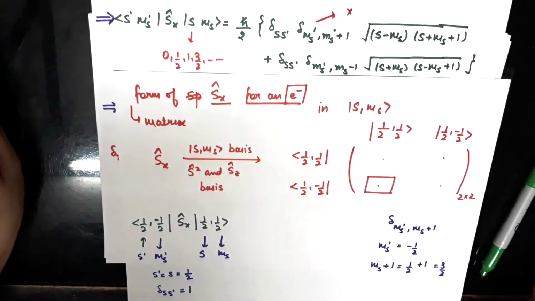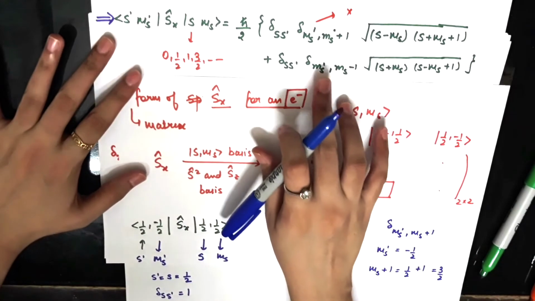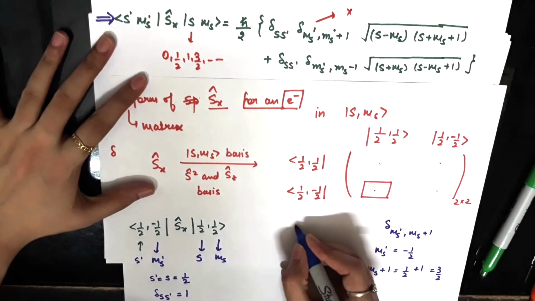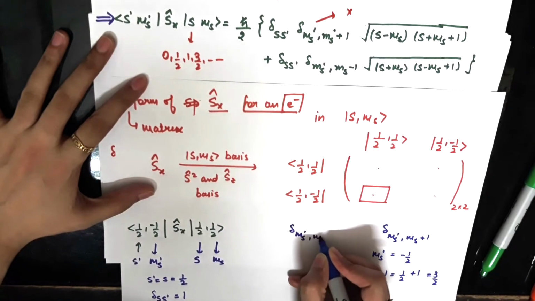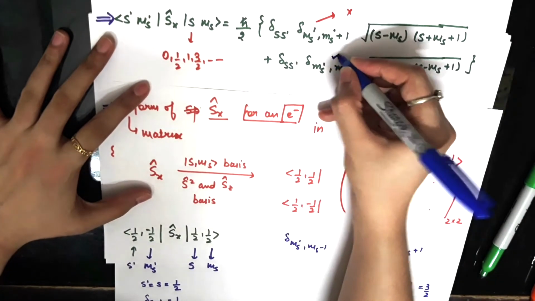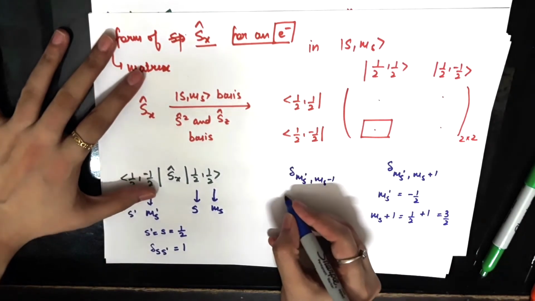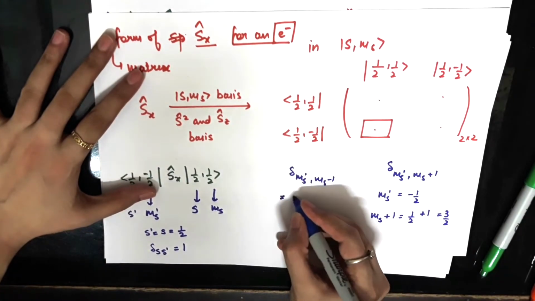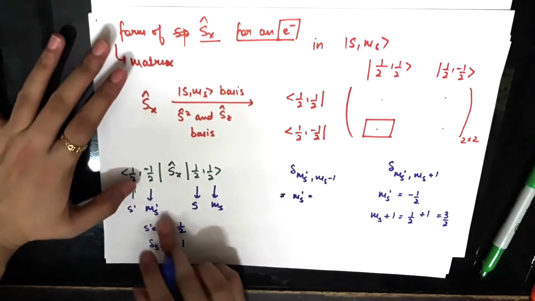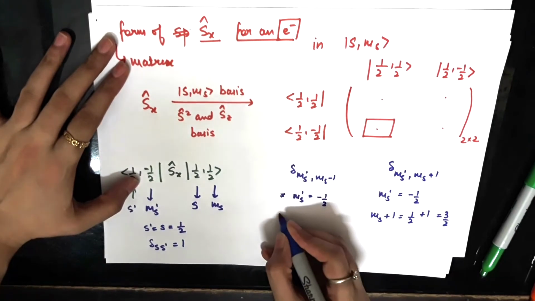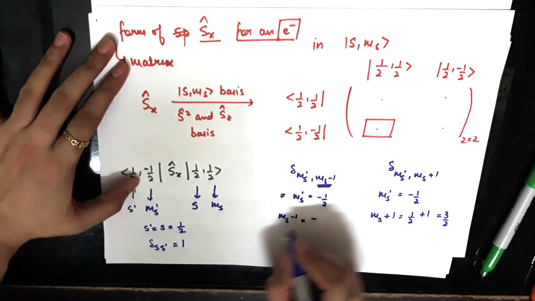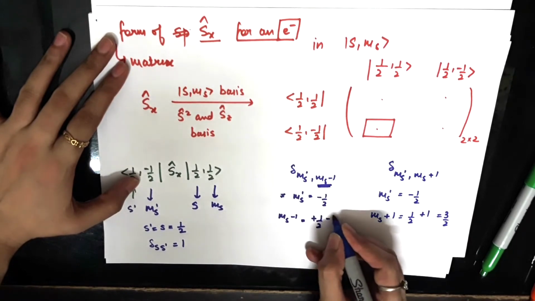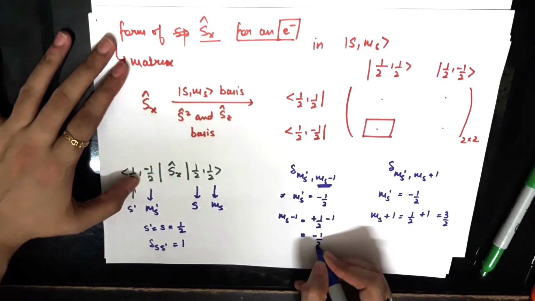Then I can also test the other Kronecker delta function here, delta MS prime, MS minus 1, this second one. I have MS prime equal to minus half in my case, and MS minus 1, which is required here, would be plus half minus 1, so I get minus half.